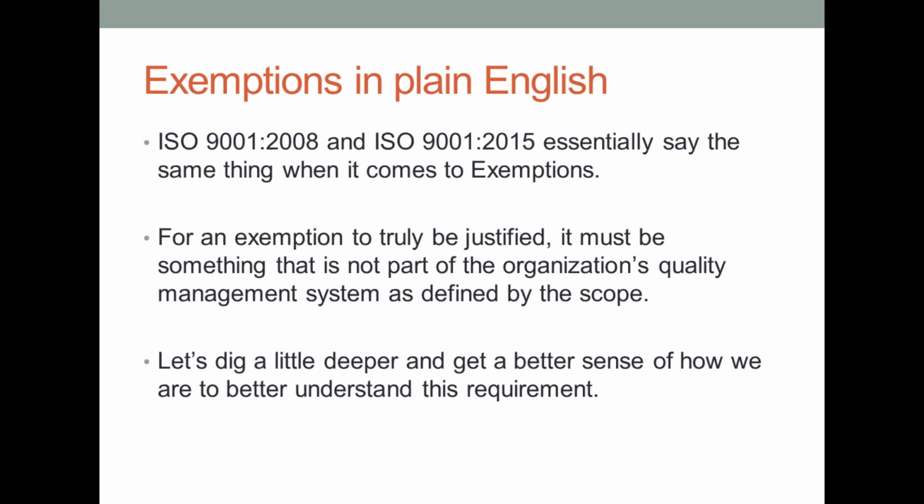So in plain English, what is an exemption? ISO 9001-2008 and ISO 9001-2015 essentially say the same thing when it comes to exemptions. For the exemption to be truly justified, it has to be something that is not part of the organization's quality management system as defined by the scope. Let's dig a little deeper into this and get a better sense of how we are to understand this requirement.